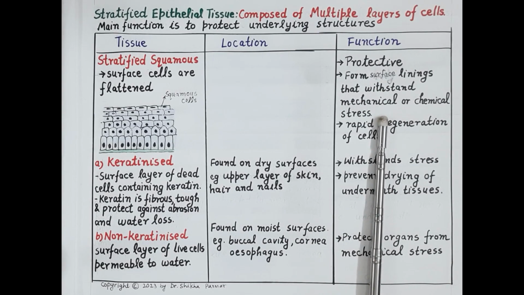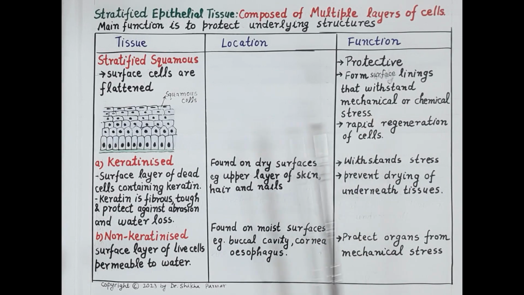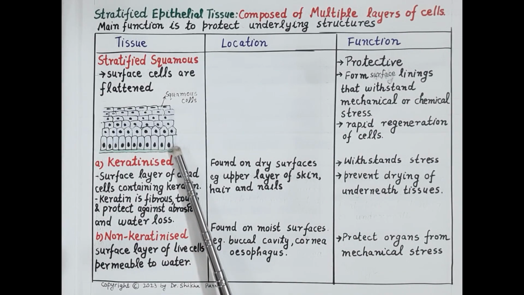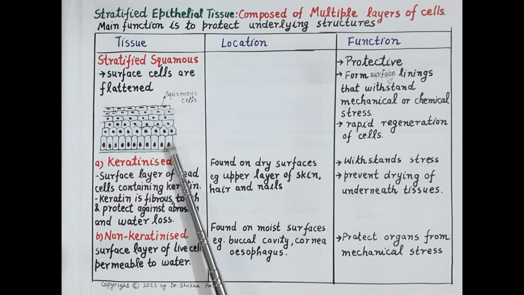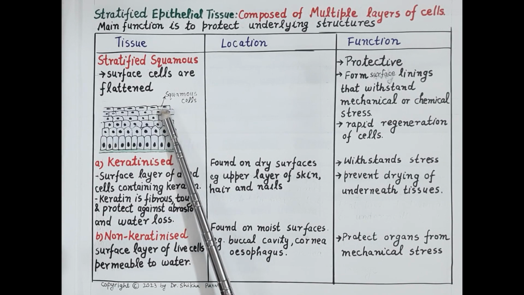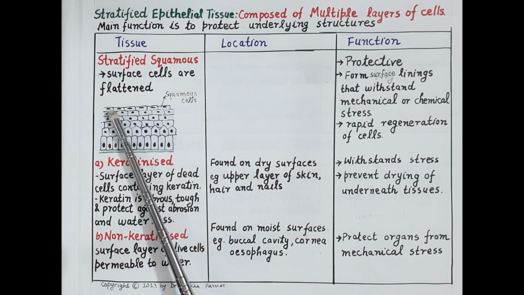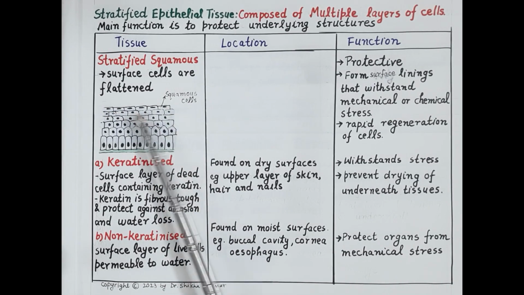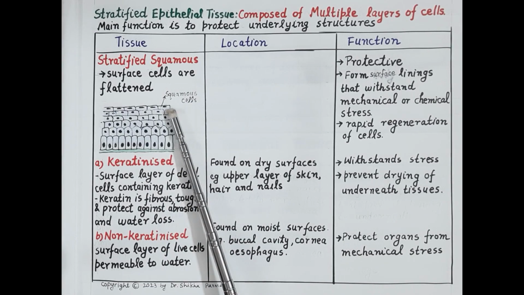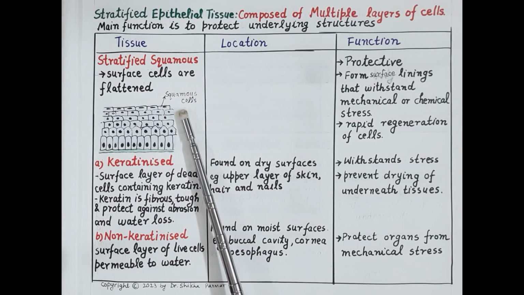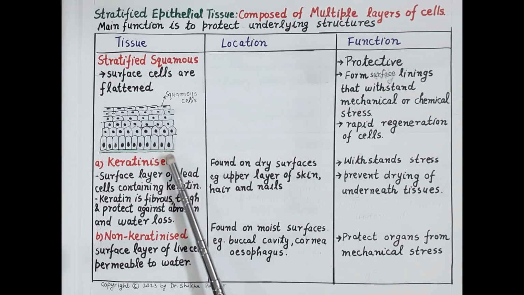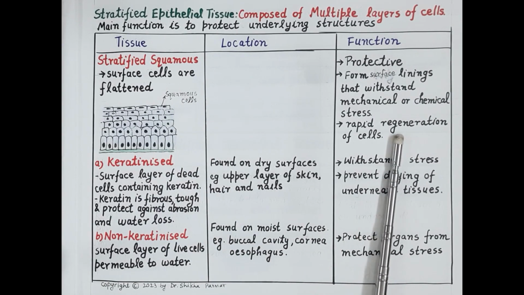Another very important thing to understand is that cells in the basal layer divide continuously, and they move towards the upper surface layer and replace the older cells, as the older cells are subjected to mechanical and chemical stress. So this tissue regenerates very fast.